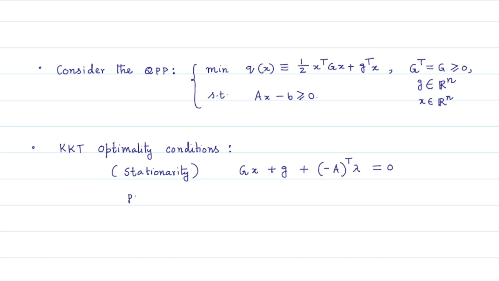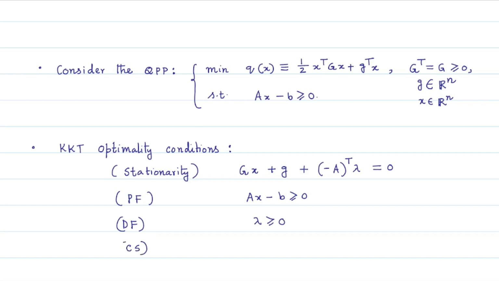Then the primal feasibility condition in the KKT conditions is that your constraints Ax minus b are greater than or equal to 0. The dual feasibility condition is that all these Lagrange multipliers, which are essentially the dual variables, are greater than or equal to 0.